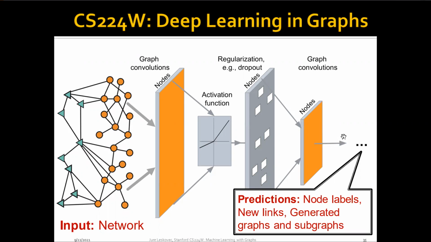In the end, what we are trying to predict is the node labels, such as classifier labels for classifying the nodes, or to predict new links. You can even generate new graphs or subgraphs. We are going to see more examples like this in the following slides.